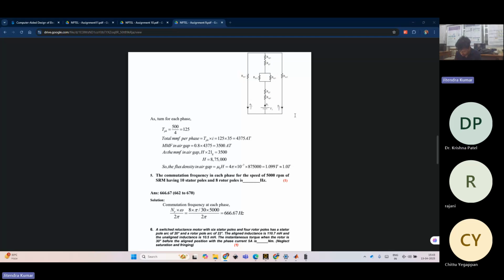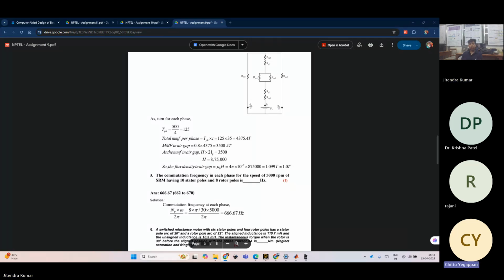But from the lecture slides, what we saw, and that was very common for me as well, frequency is equal to, like we all know, n is equal to 120 f by p. Please share those in the discussion forum. But when we use 120 f by p, the answer is changed.